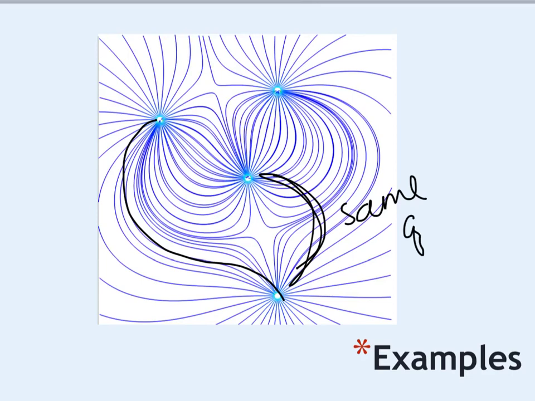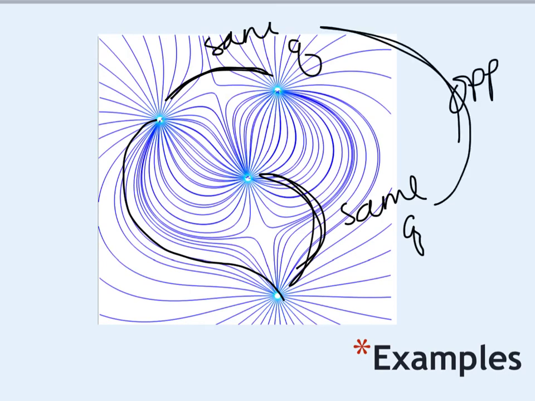And then if we look here, these ones are also diverging, so these are also the same charge. And these 2 charges that are the same are opposite, because we can see the lines connecting them. These ones go here, these ones go here. Same thing. These ones go here, these ones go here. So we can see that they are connected.